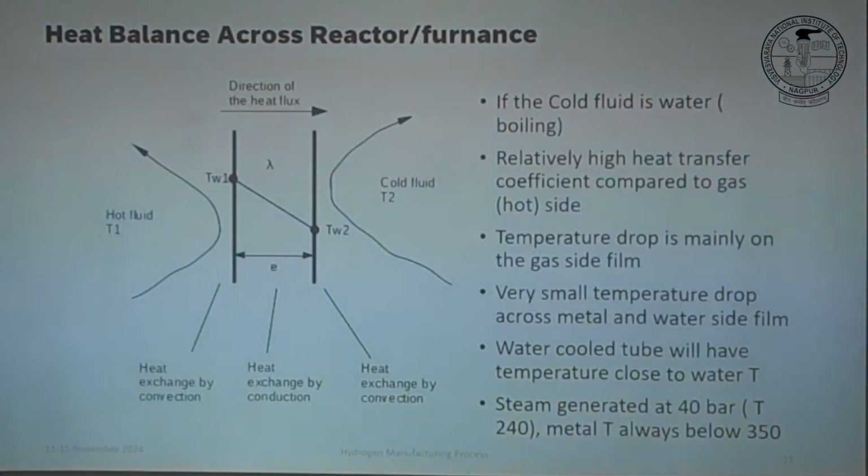Heat transfer coefficient, individual, overall. So the heat transfer courses you already had. Right? So in convective heat transfer, if you have gas flowing on one side and water boiling on another side, there is a huge difference in heat transfer coefficient.